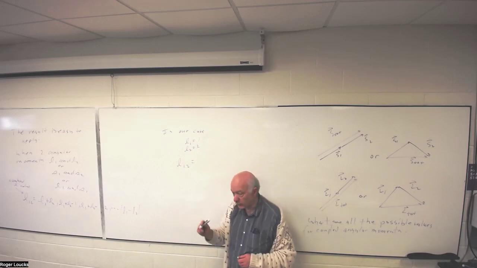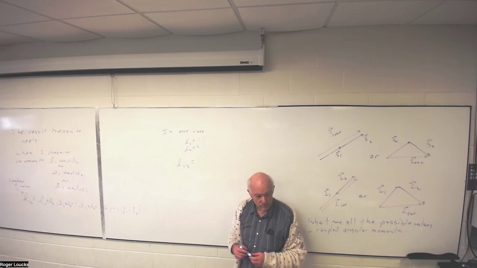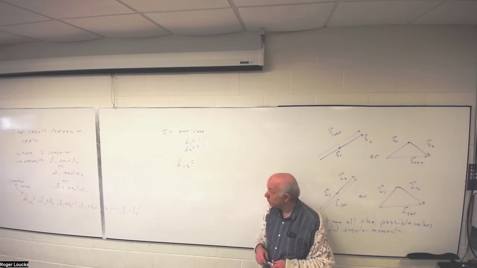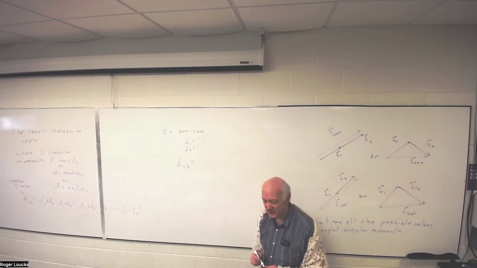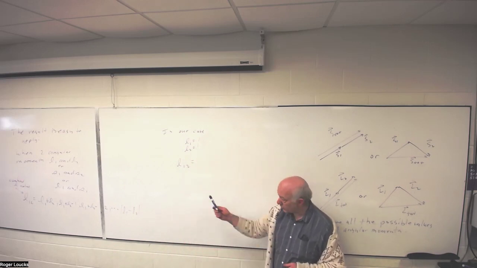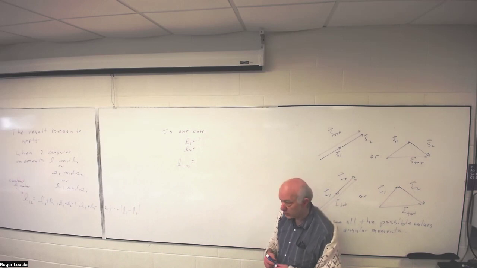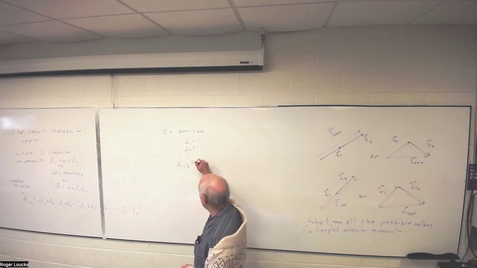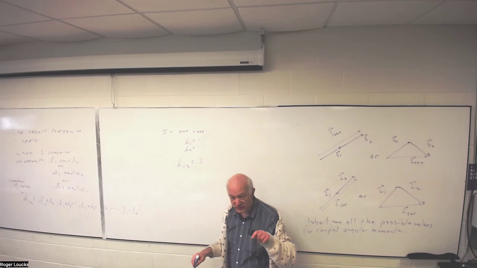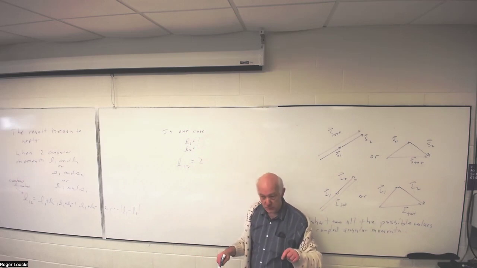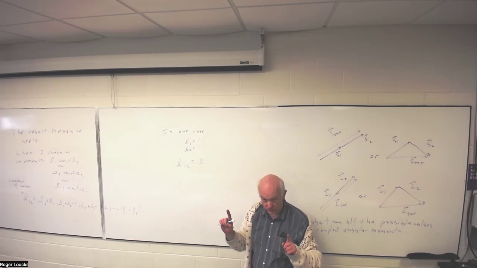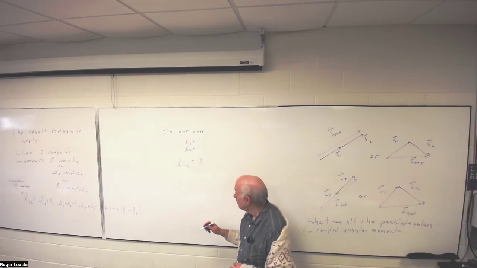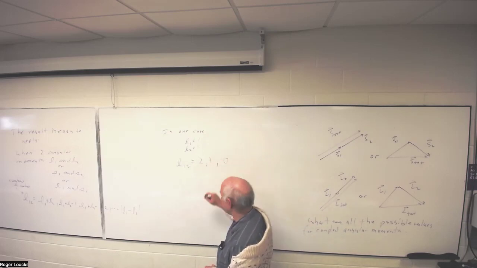This is just the orbital part. So according to this, it goes from 1 plus 1, so this is a 2. And I keep on subtracting this till I get to the magnitude of the difference. So what's the magnitude of the difference? 0. So I can have a 1 and I can have a 0 here with this.